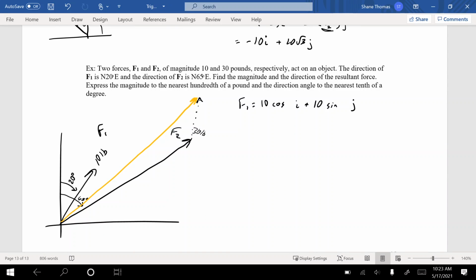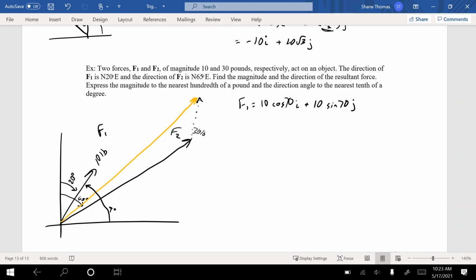I have to go back from my x-axis. If it was 20 degrees off of north, what would this degrees here be? 70. Okay? So that would be 70. That's the angle I'm going to use for this first vector.